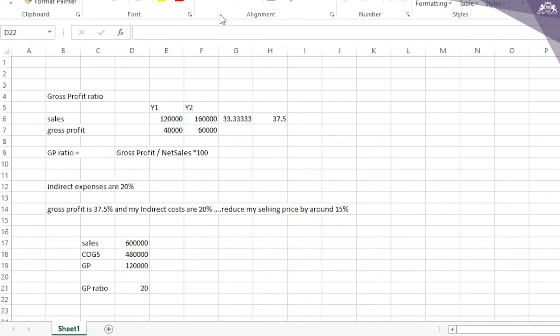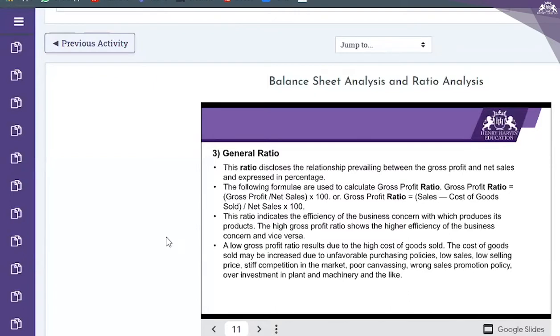So what does this say? I will do the earlier examples. Okay.